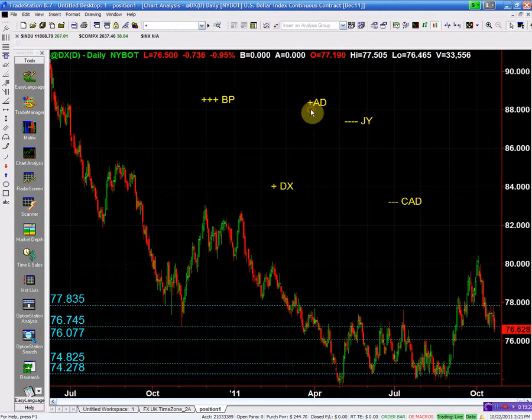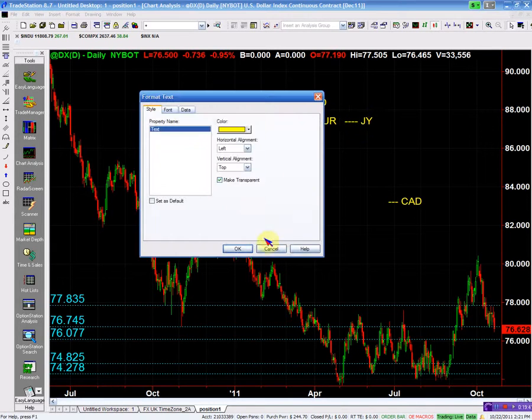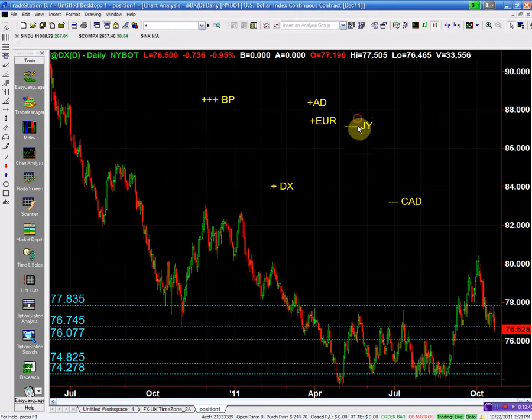It closed above, so we're just going to be slightly positive on it, but we're not really gung-ho on buying the euro. And the yen is now giving us a sell signal, so that's a negative. The yen is a sell signal, and the weakest of them all is the Canadian. The dollar is kind of neutral.